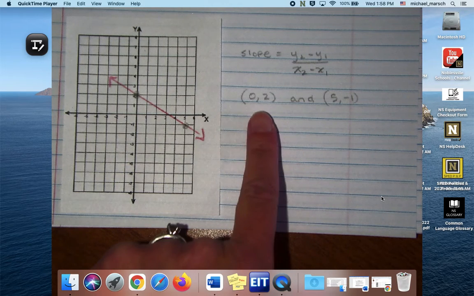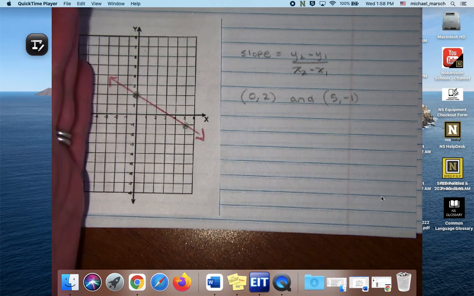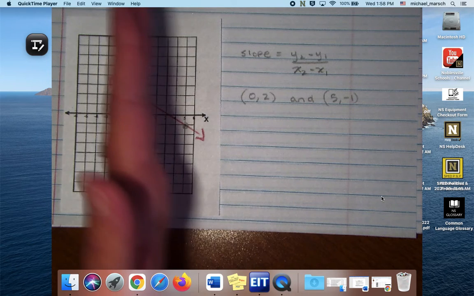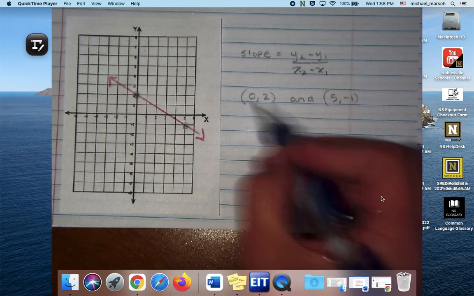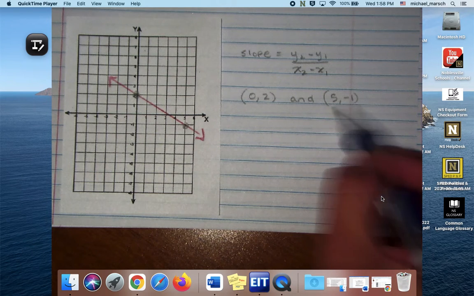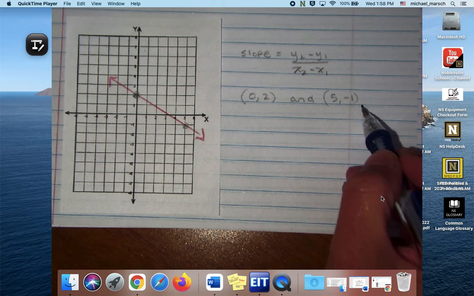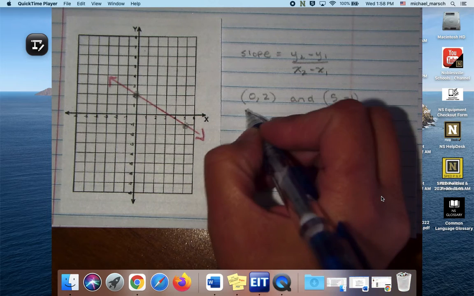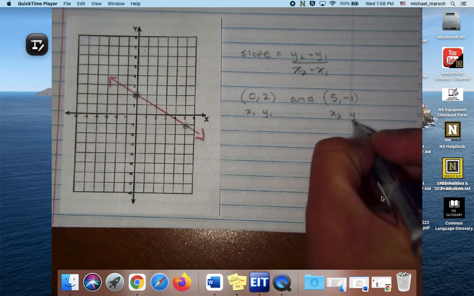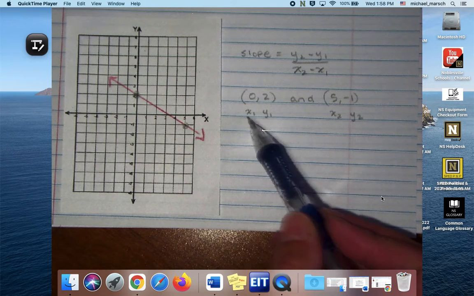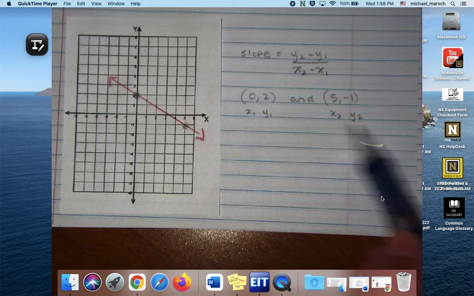So for these ordered pairs, I always say the one furthest to the left is the first ordered pair, and the one on the right is the second ordered pair. Because I have a first ordered pair and a second ordered pair, that's why I label them with the little 1s and 2s. So I have an x1, y1, x2, y2. That tells me this is my first ordered pair, this is my second ordered pair.